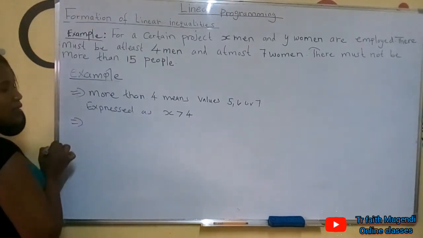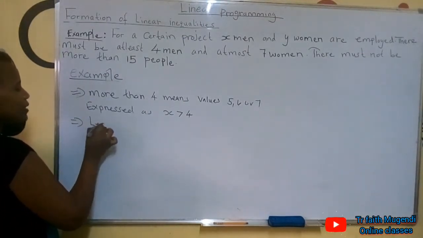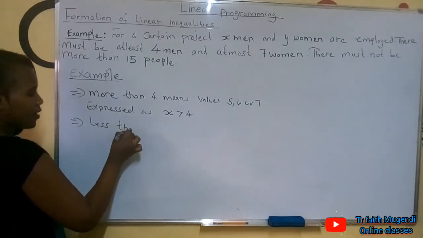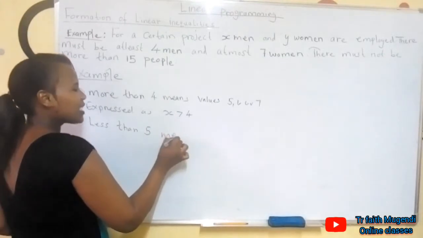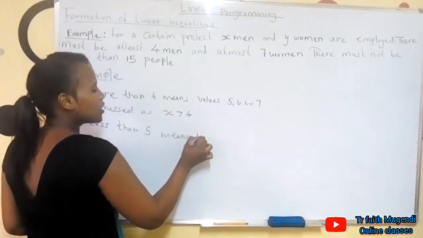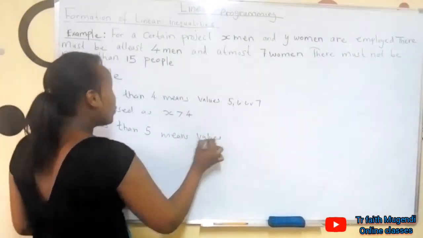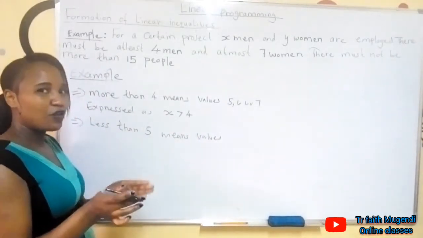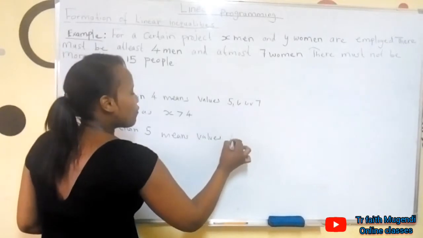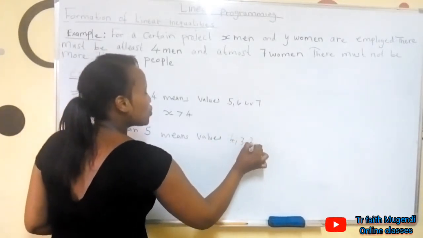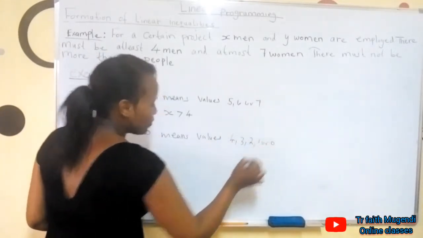Another statement is less than, probably 5. This means it can take values such as, we are talking of less than 5, so 5 is not included. It can take values like 4, 3, 2, 1, or 0.